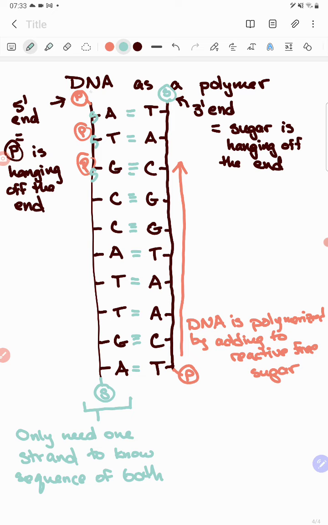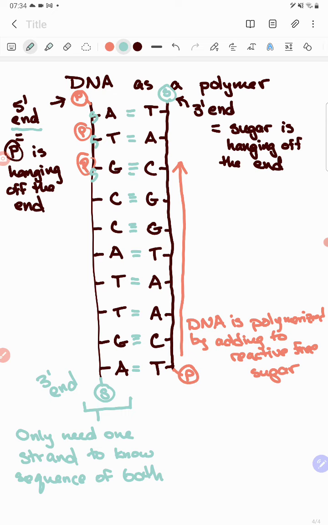If you were to look at each strand, DNA has what is referred to as the 5' end, where the phosphate is hanging off of the end, and at the opposite side it will have the 3' end, which is where the sugar is going to be hanging off. If you look at the opposing strand, when you have the phosphate group sticking off of one, the other strand is going to have the sugar group sticking off, so they are anti-parallel: you go 5' to 3', and the opposing strand is going 3' to 5'.